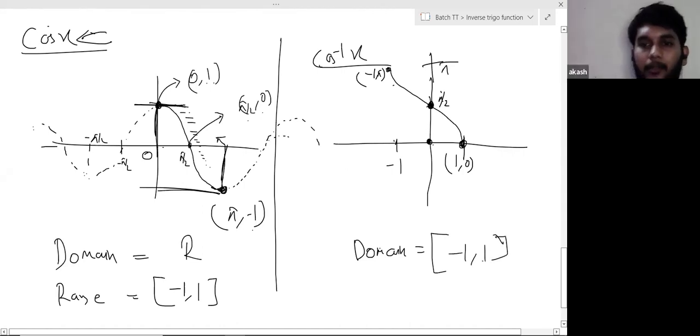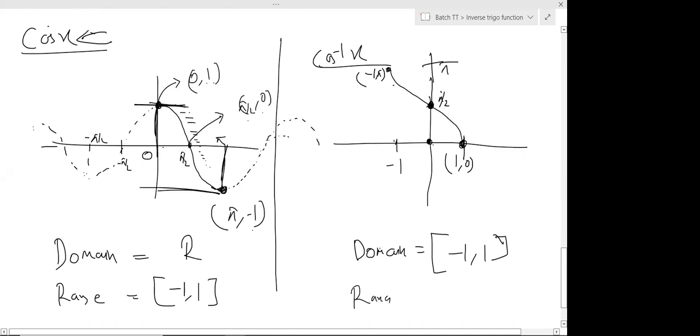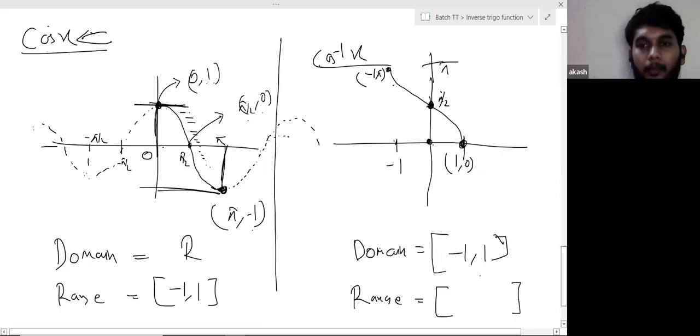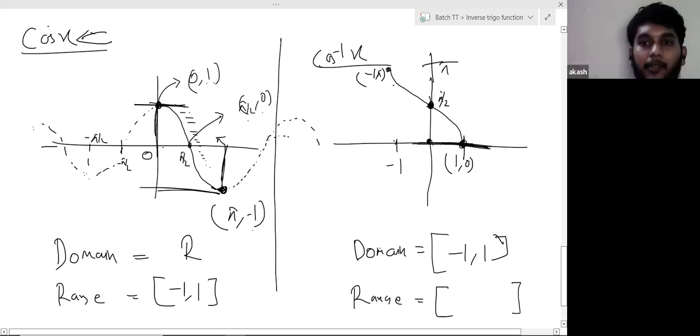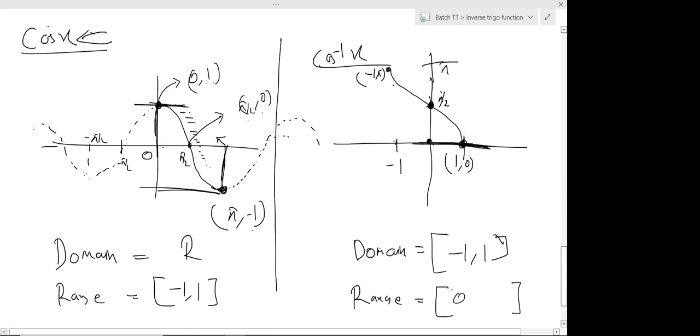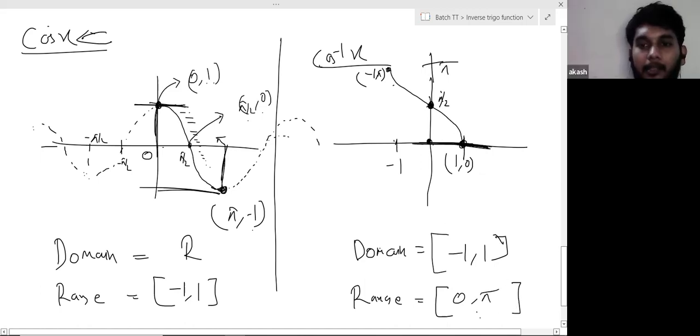And the range will be the y values of the graph. The minimum value of the graph is this, where the line is zero, the x axis, so 0 to pi. Again, this is the principal value.